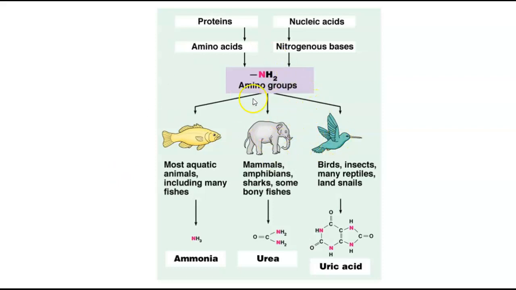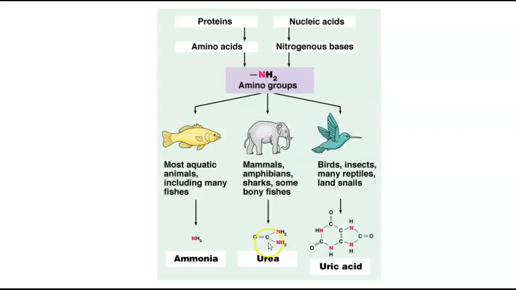Mammals and birds have a little bit more sophisticated excretory system. You'll see mammals, amphibians, sharks, some bony fishes. What they mean by bony fishes is basically some fish that have skeletons. There's lots of different types of fish. But these organisms convert it to something called urea. And so urea, you can see, has nitrogen.